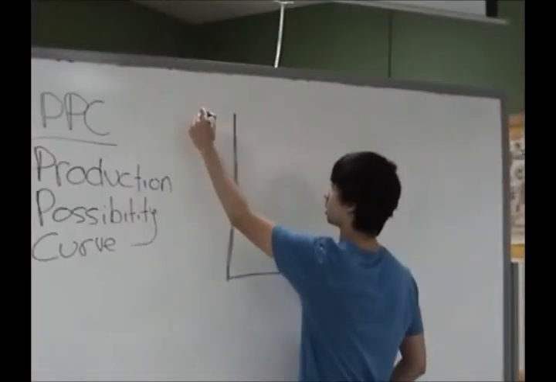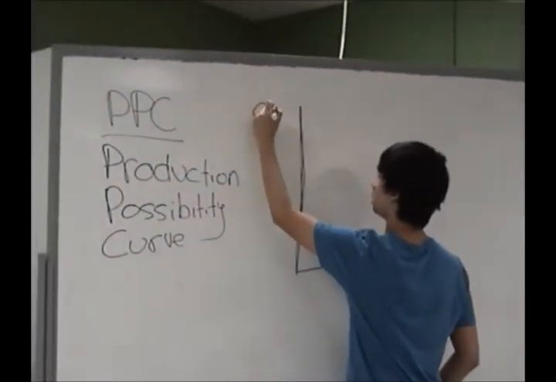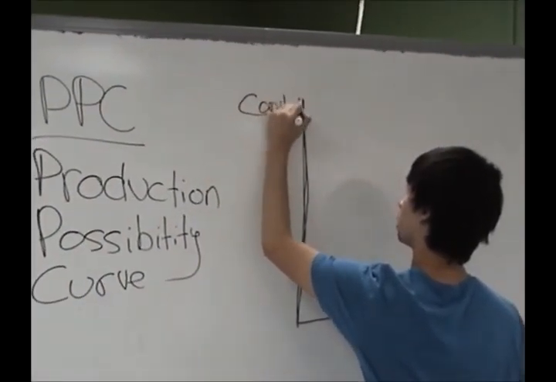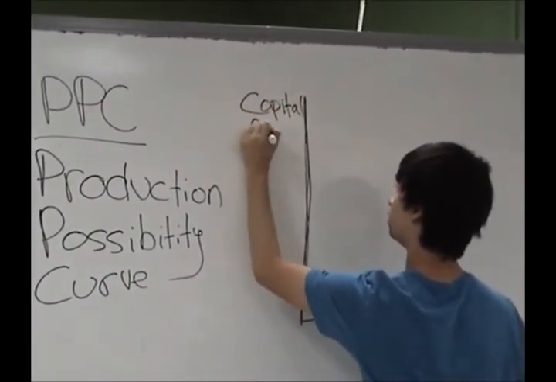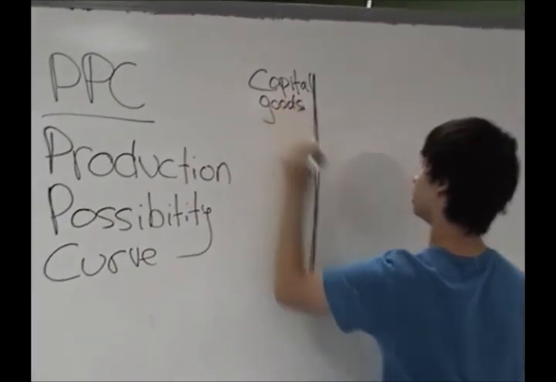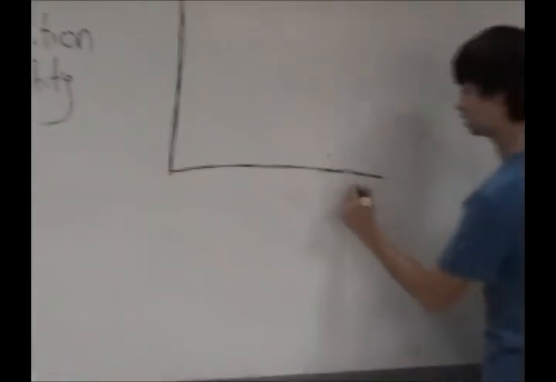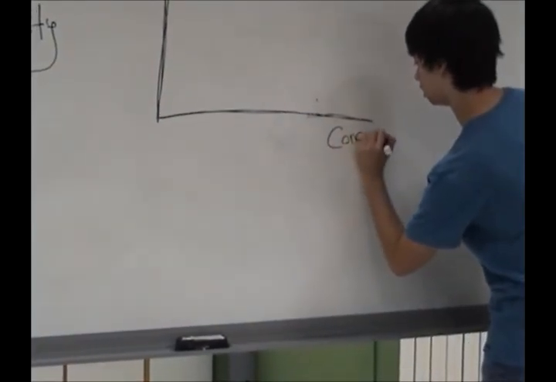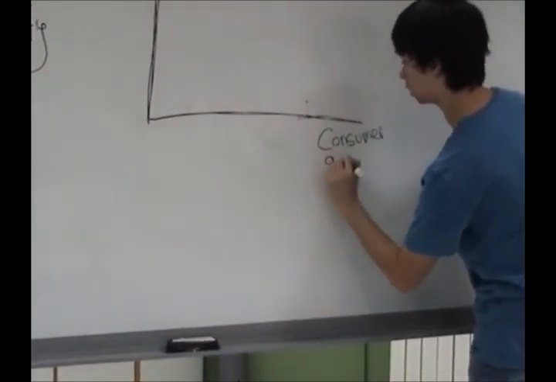So on the y-axis, say capital goods. And then on the x-axis, consumer goods.